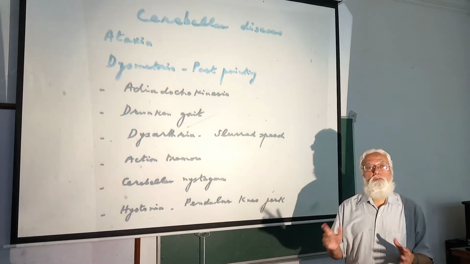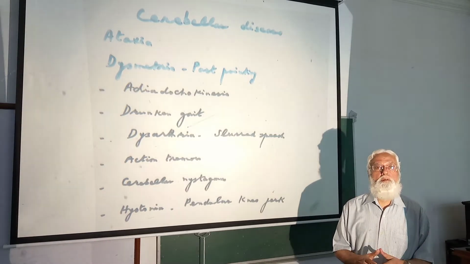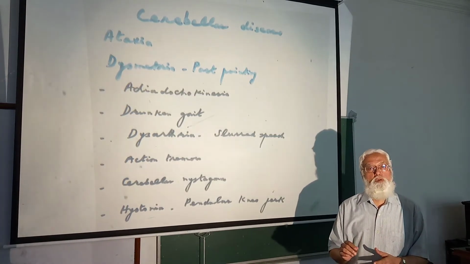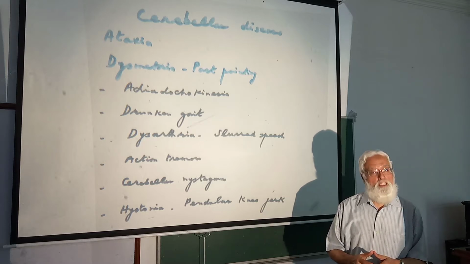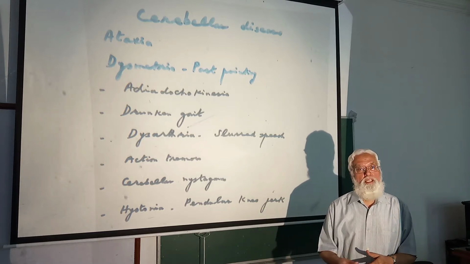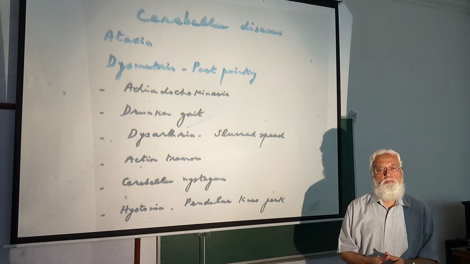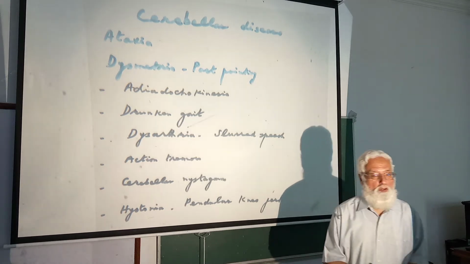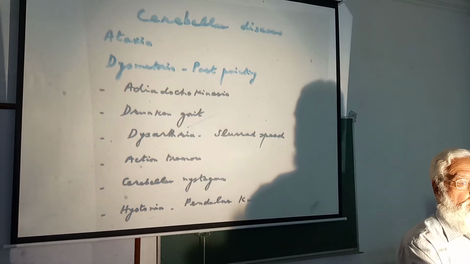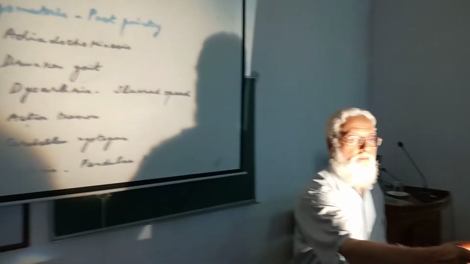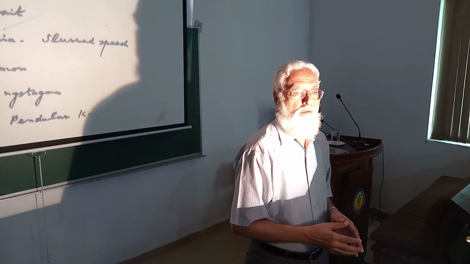There is dysmetria, inability to control the range or extent of movement. The patient wants to touch or pick some object. The hand may overshoot or undershoot.